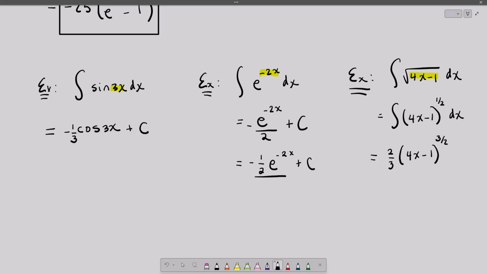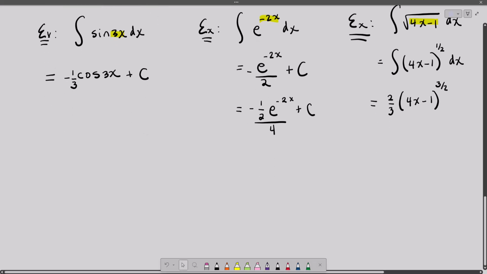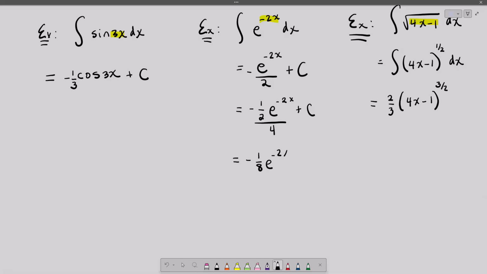So that's going to be 2/3 divided by 4. We can cancel. You can think of it as dividing by 4, or multiplying by a 4th, however you want to think of that. And so we get 1/6.